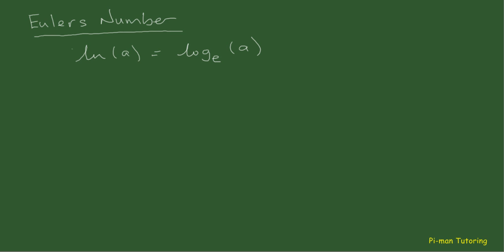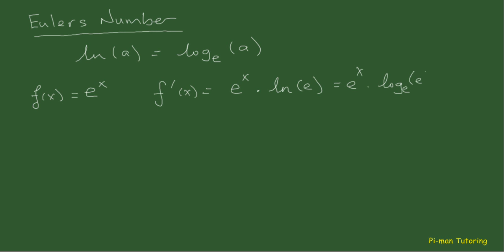And so what's special about that again? If we're going to use E as the base of our exponent, so that our f of x is actually e to the x, then f dashed of x will be e to the x multiplied by the natural log of e, which is e to the x multiplied by the log in base e of e, which is just e to the x.